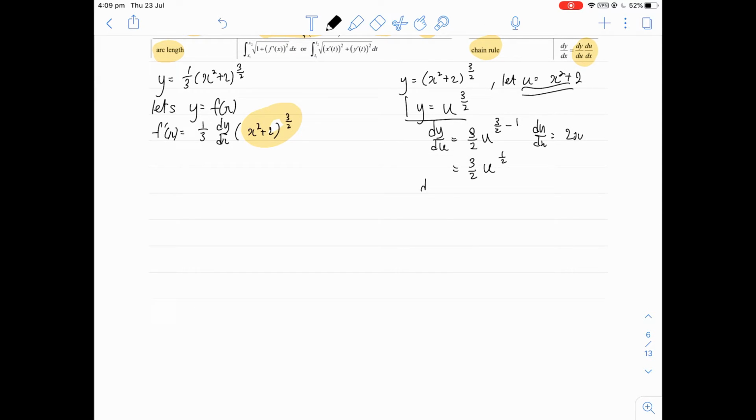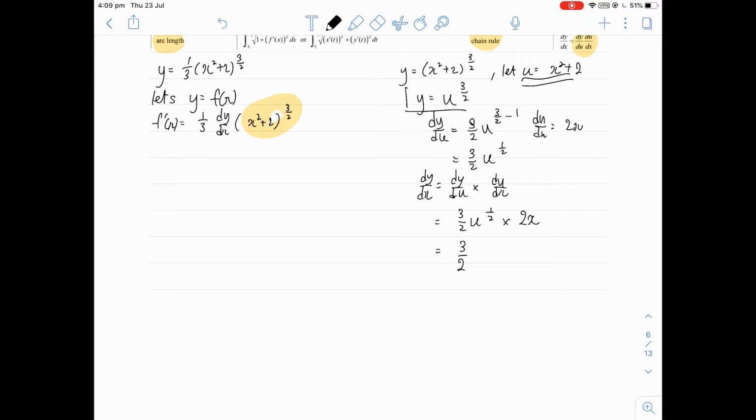Now let's fit everything back together. dy/dx is dy/du multiplied by du/dx. And dy/du is 3 on 2 u to the power of 1/2 multiplied by du/dx, which is 2x. We can sub back in u, and since u we said is x squared plus 2, we can simply write this as this.